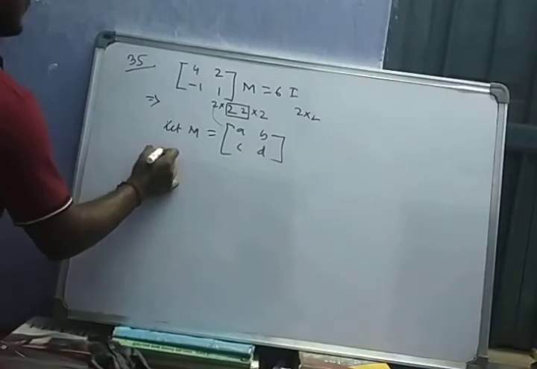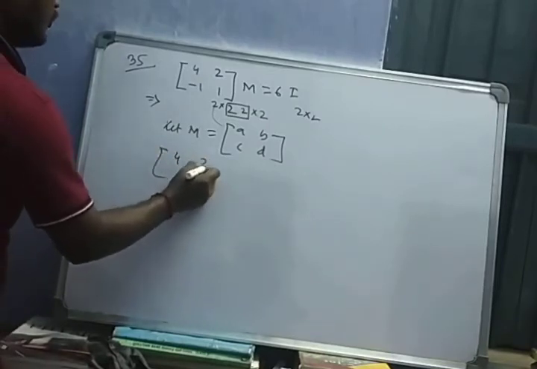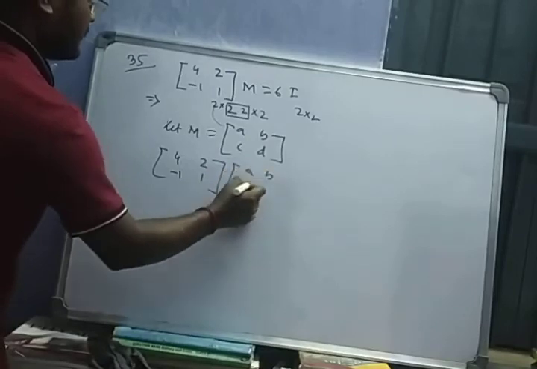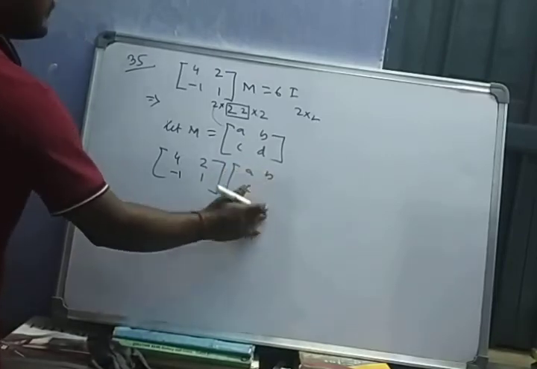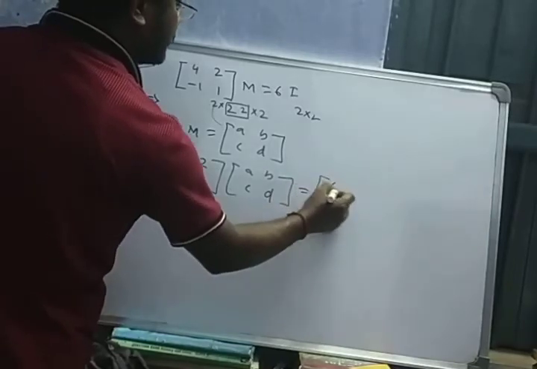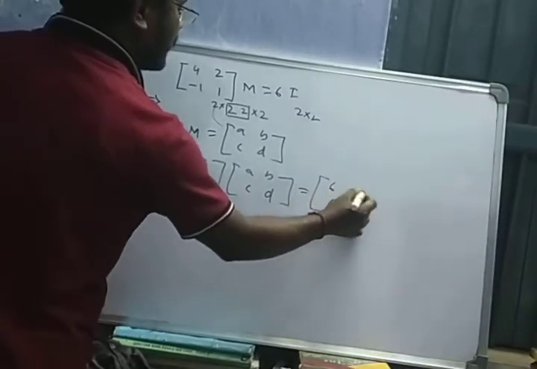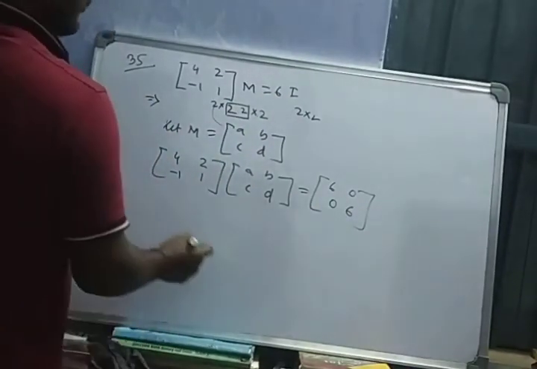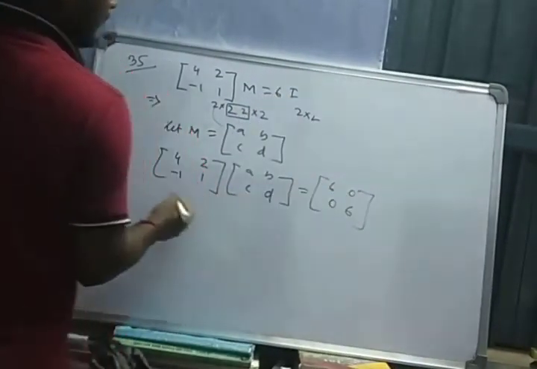Now multiply [4 2; -1 1] into [a b; c d] equals [6 0; 0 6]. Why 6006? Here 6 is multiplied with I, so I have written 6006.